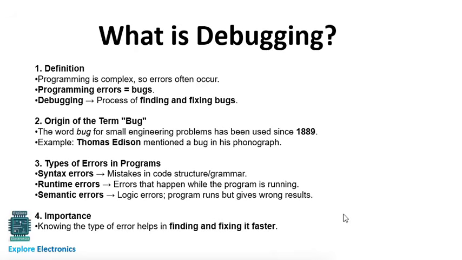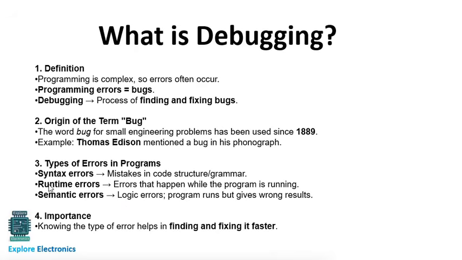The program is running and the error happened, which is called a runtime error. Semantic error means logical errors, where the program runs but gives the wrong result. The program is running but it is giving the wrong output. Then it is understood that a semantic error has occurred.